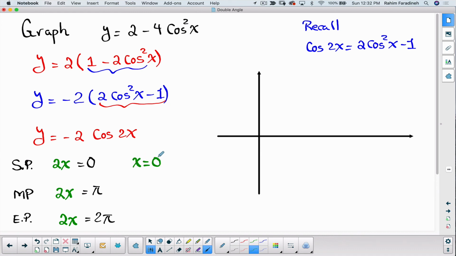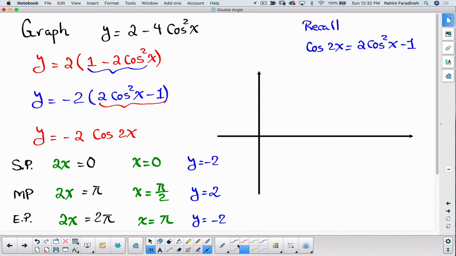The first one, x becomes 0. For the middle point, x will be at pi over 2. And for the ending point, x would be at pi. Once we plug this in, we're going to get the corresponding value for y. For the first one, y would be negative 2. For the middle point, y would be positive 2. And for the ending point, y would be negative 2.